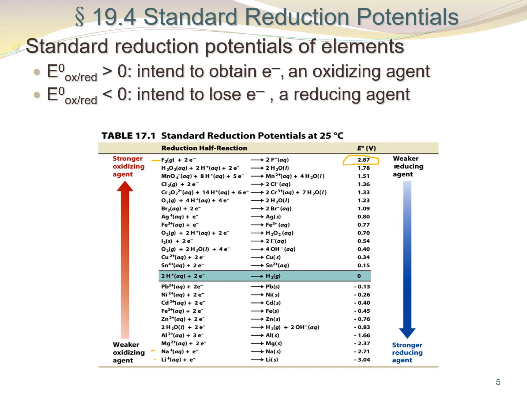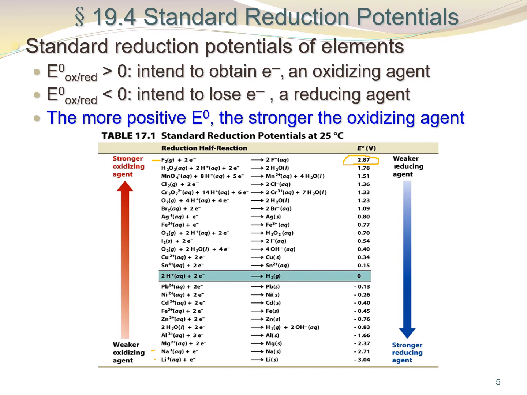The oxidation half reaction is spontaneous if you have a negative sign for the reduction potential. This is some reminding I want you to realize: the more positive the E0, the stronger the oxidizing agent. We'll come back to this slide to get values from time to time in our discussion.